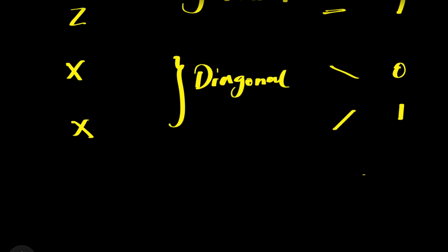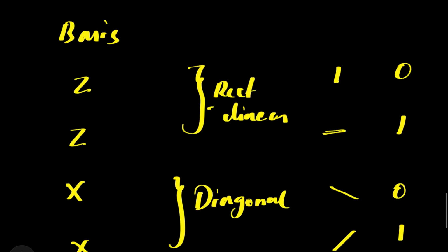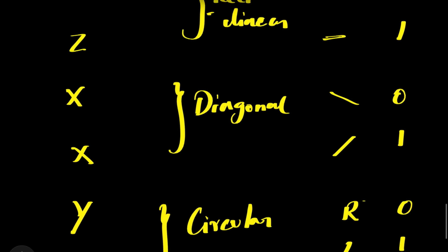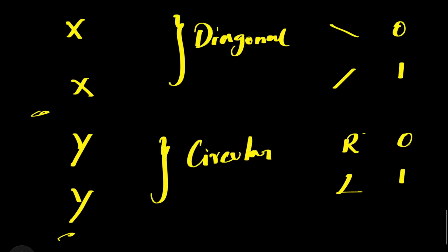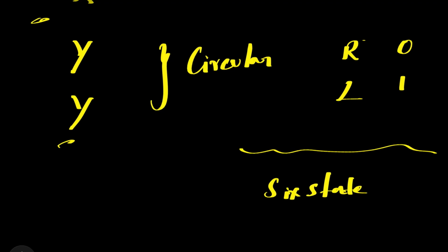Similarly for Y, which is circular, we can say R and L, where R is 0 and L is 1. So this is how we can perceive 0 and 1 in the Z basis, in the X basis, and in the Y basis. Altogether we have six states, and hence the entire process is called the six-state protocol.